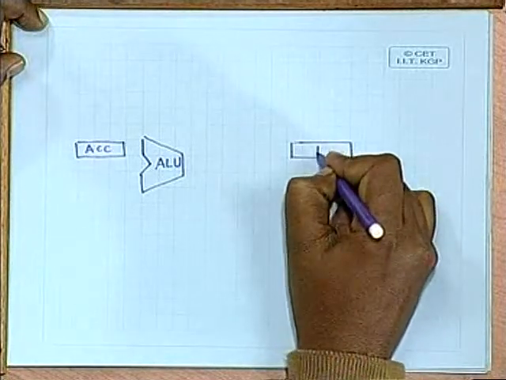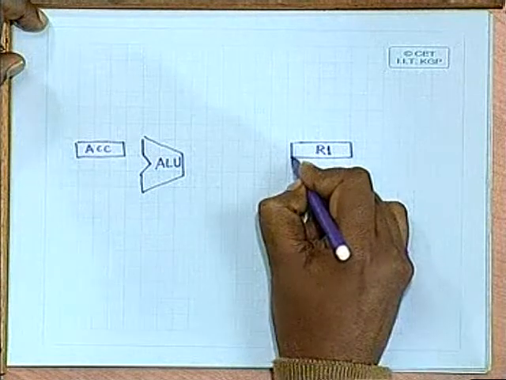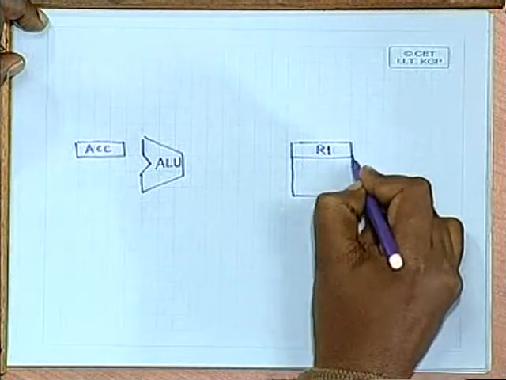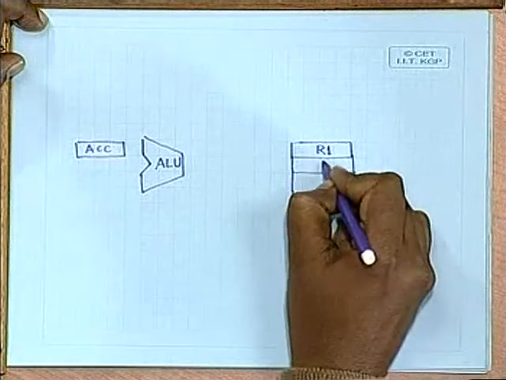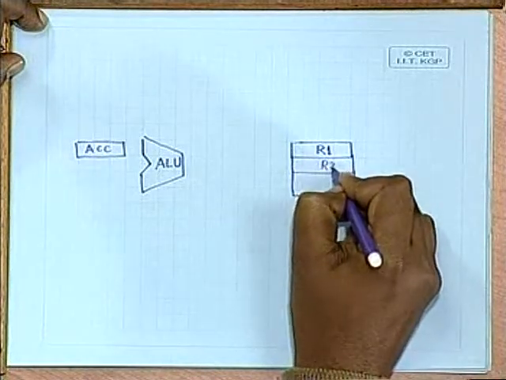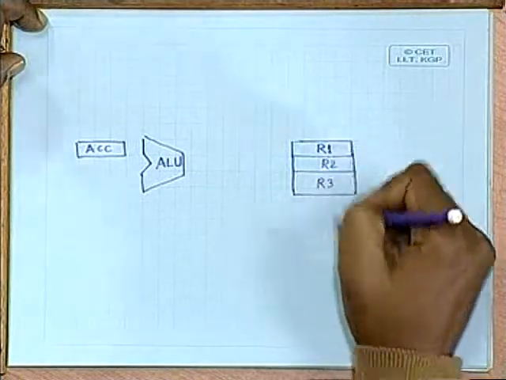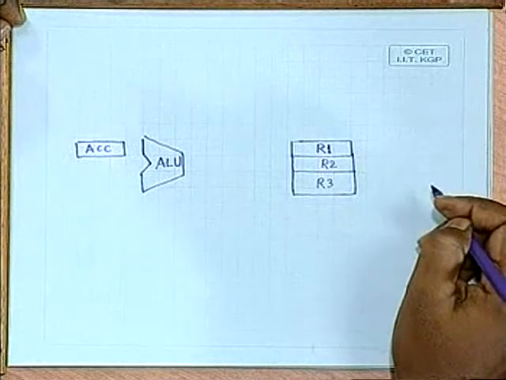So, I can have register R1 as we have just seen. I can increase the number of registers. As you increase the number of registers, you can write more and more efficient codes. So, I can have a number of registers, say R1, R2, R3 and so on. If we increase the number of registers in the CPU, I can write more and more efficient code.